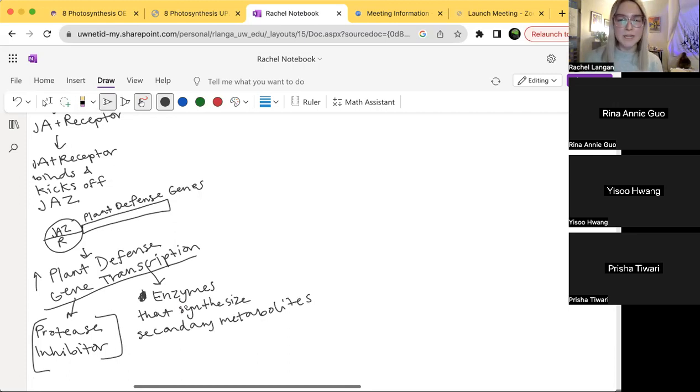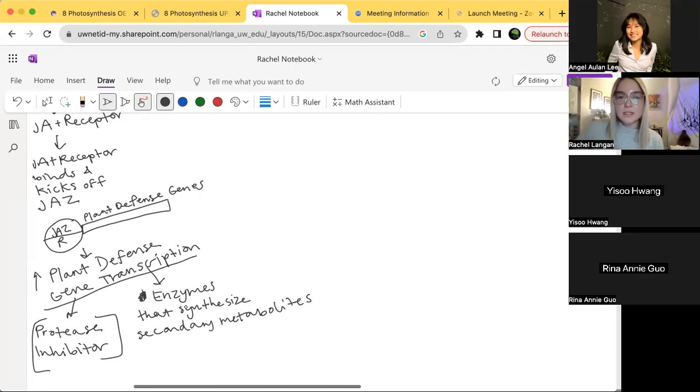Well, secondary metabolites contrast primary metabolites in that they're not essential for the plant cell. So there are things the plant cell can make, but it's not essential for the growth and the life of the plant cell.